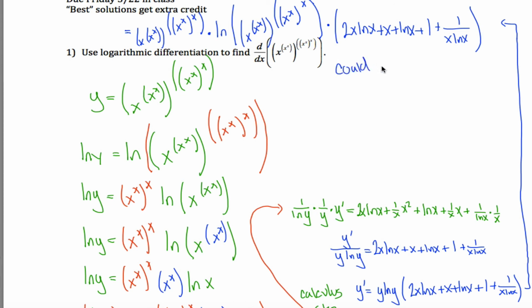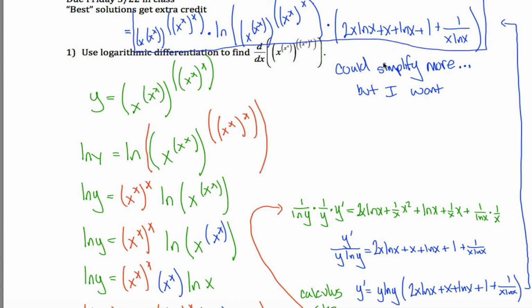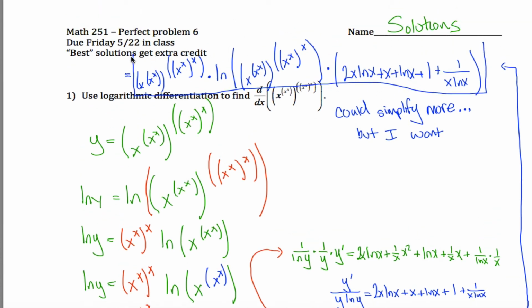Could simplify more, but I won't. I think I'm going to go ahead and call this good. Maybe throw a box around it. Something that looks something like a box. And call that crazy problem done.